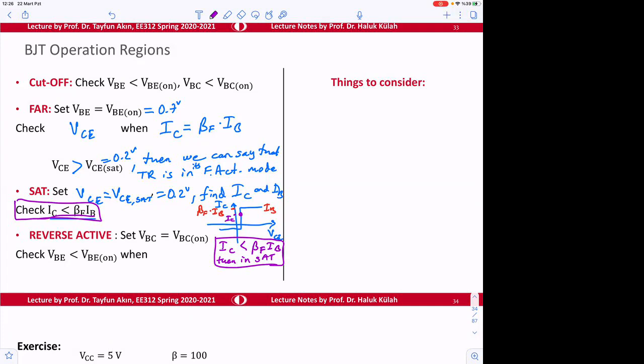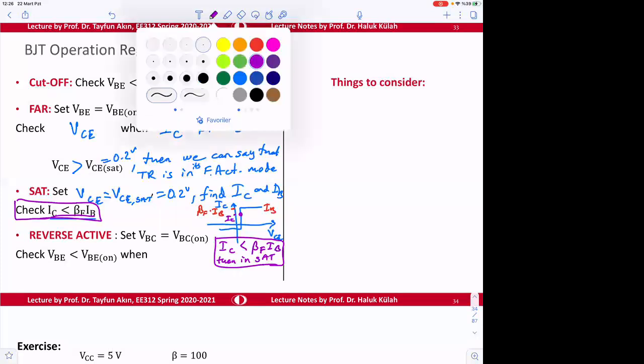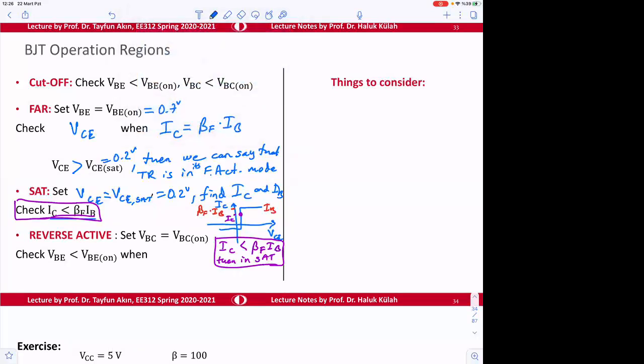For the reverse active region, we can look at V base to collector on. So for this V base to collector on, either we check it for 0.7 volt or maybe 0.5 or 0.6 volt is okay.